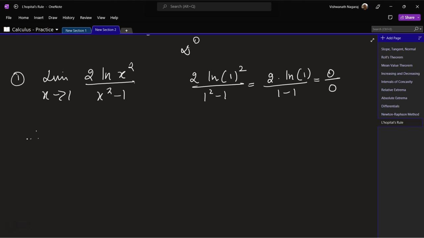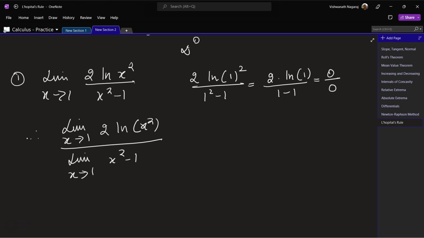Ideally what I should write is to split this limit into two limits: limit of 2 natural log of x square divided by the limit of x square minus 1. So if we split this, now we differentiate. Remember, we don't apply the quotient rule here.